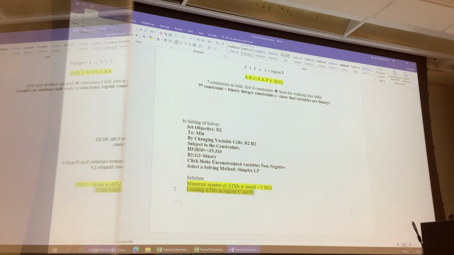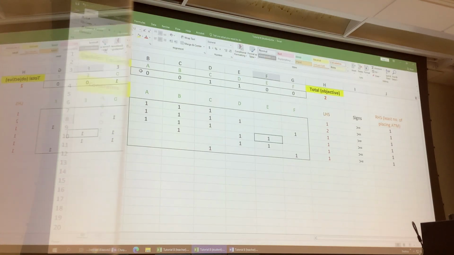And then if the question is asking where the 2 ATMs will be located, you have to answer this one. That is located in region C and D. So how do we know that it is region C and D? We can go back to the solutions here.